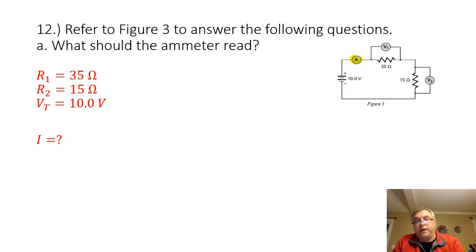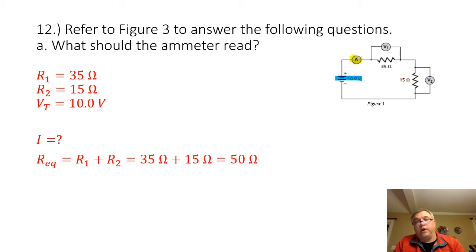So I'm given the voltage of the circuit as 10 volts. So now I just need to find the equivalent resistance of the circuit. Well, I know the resistance of each individual resistor, so I can find the equivalent resistance. The equivalent resistance is going to be equal to the resistance of resistor 1 plus the resistance of resistor 2.